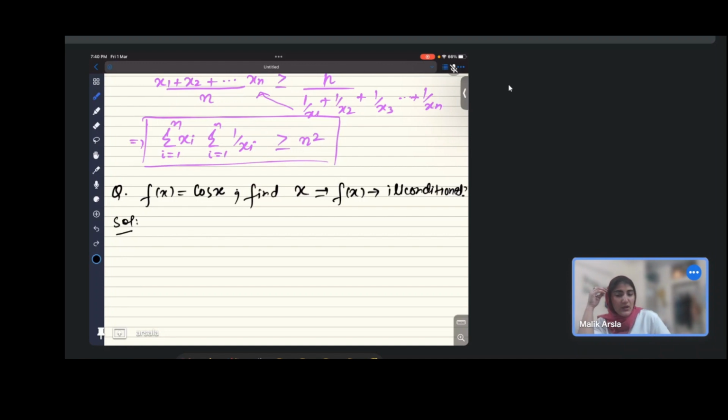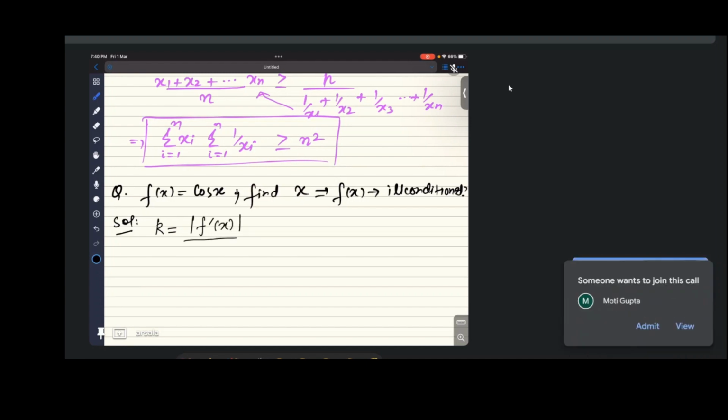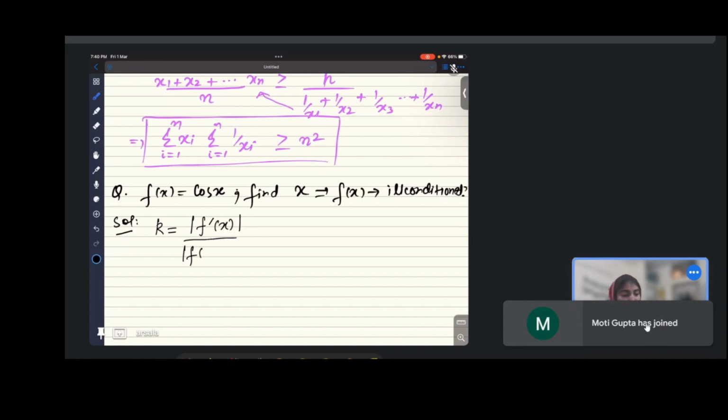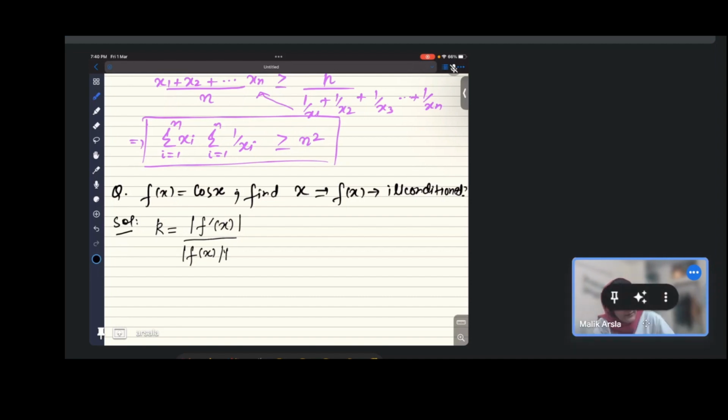So for finding the condition number k, what we do? x into f dash of x upon f of x. Just a second, someone is joining. So f dash of x upon f of x divided by x, right?